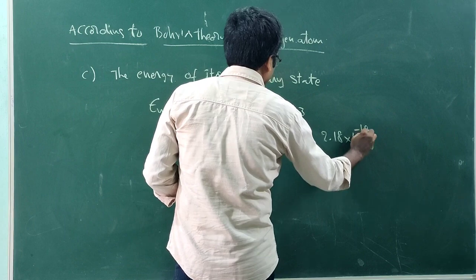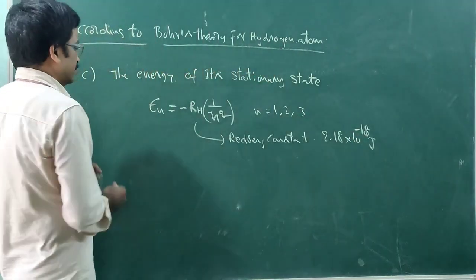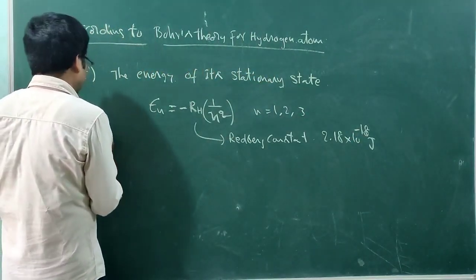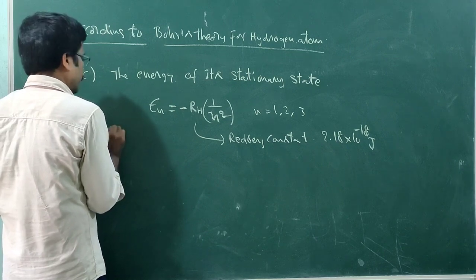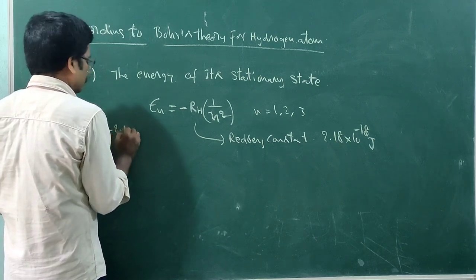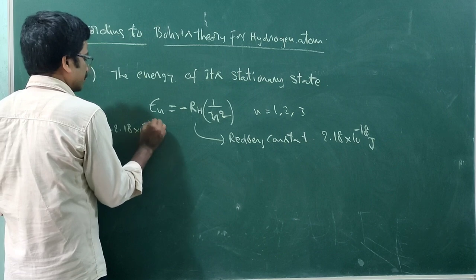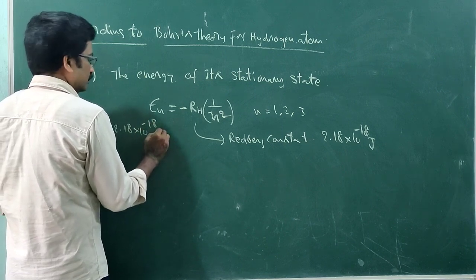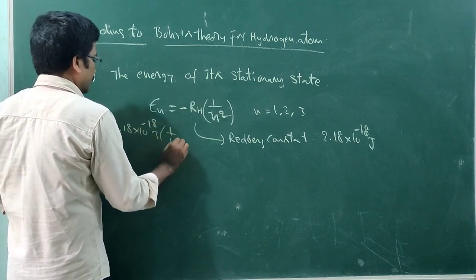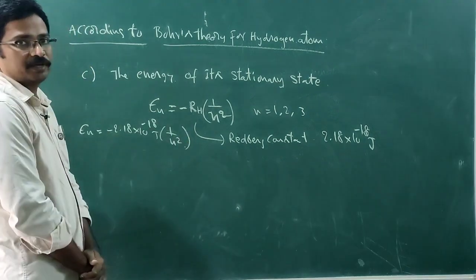Let us write down here the En value. En is equal to minus 2.18 into 10 to the power of minus 18 joules, 1 by n square.